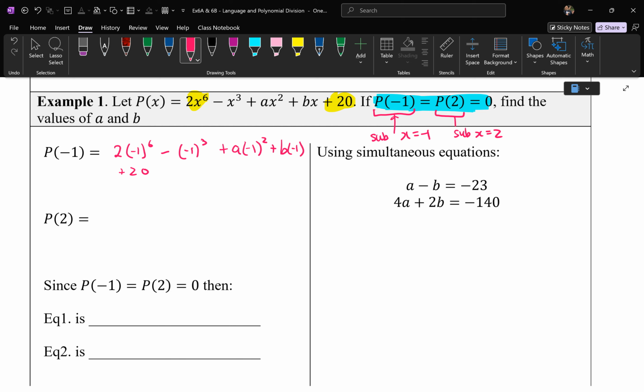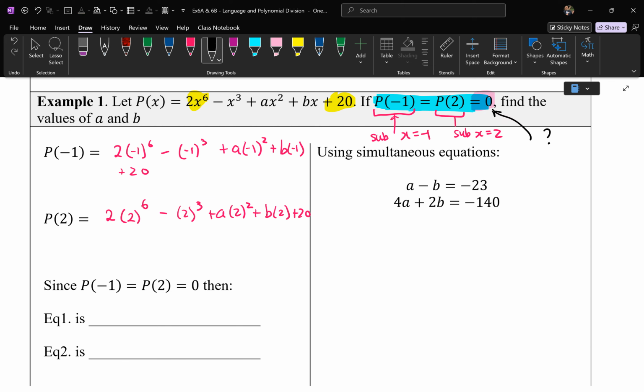So if I sub x equals 2 into that function, that should now be 2 to the power of 6 minus 2 cubed plus a times 2 squared plus b times 2 and then plus 20. But then why does it all equal 0?